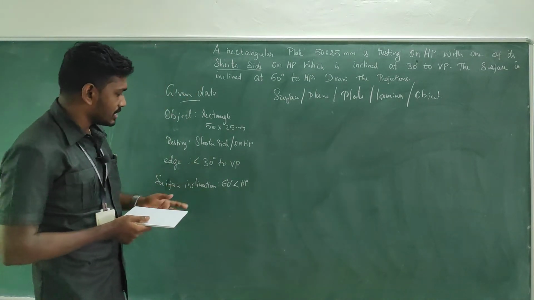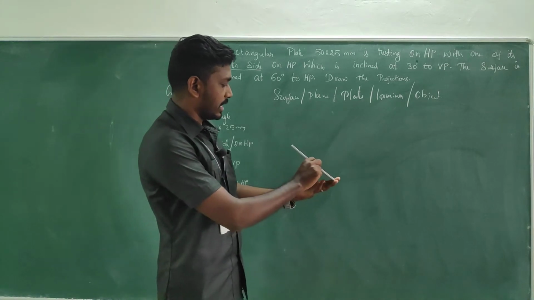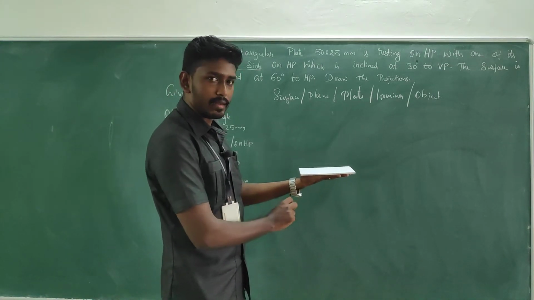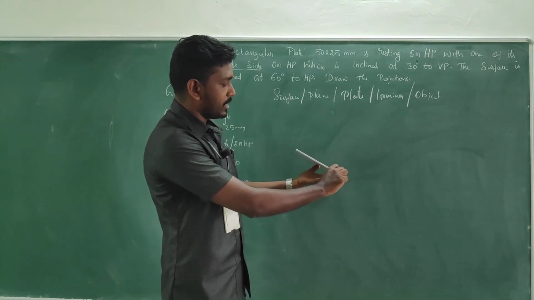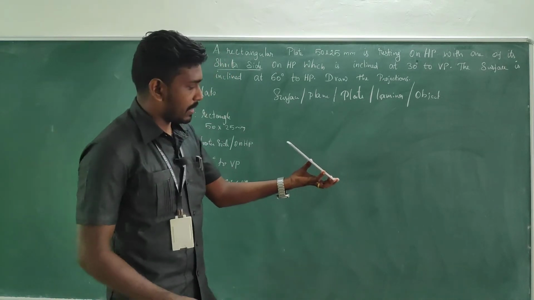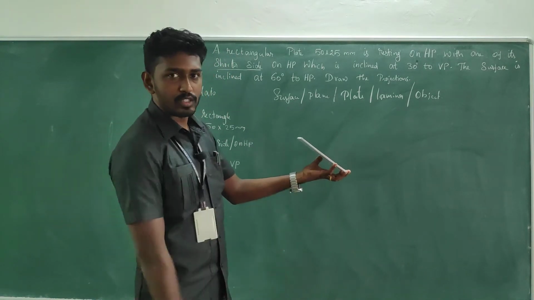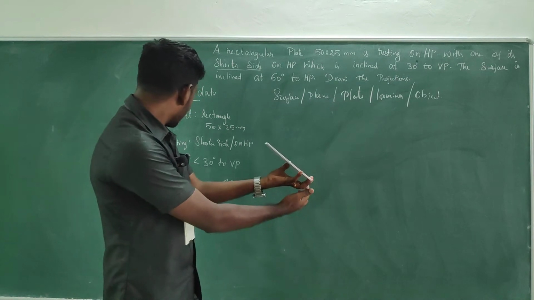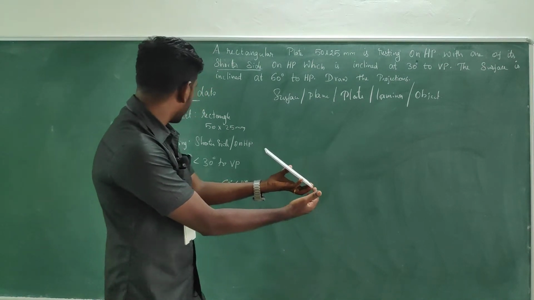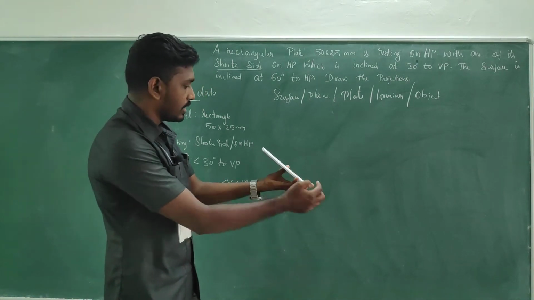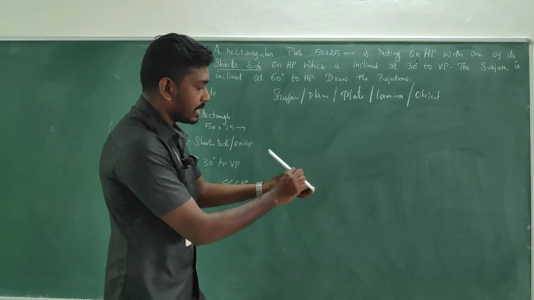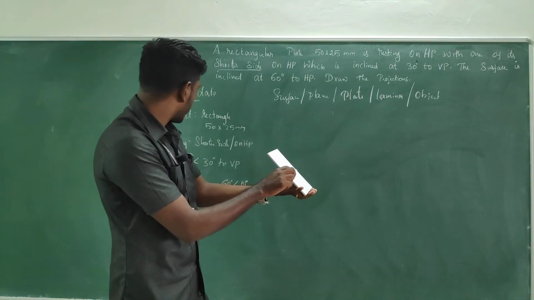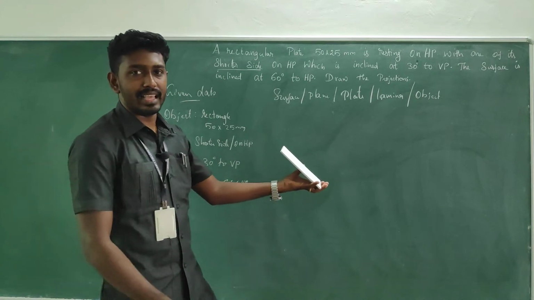The surface is inclined to HP 60 degree. Now it is parallel. If I want to incline it to the horizontal plane, I have to keep it like this. Now it is making inclination, and the edge which is resting is the shorter side, which is tilted at an angle of how much? 30 degree. So this is the exact position.